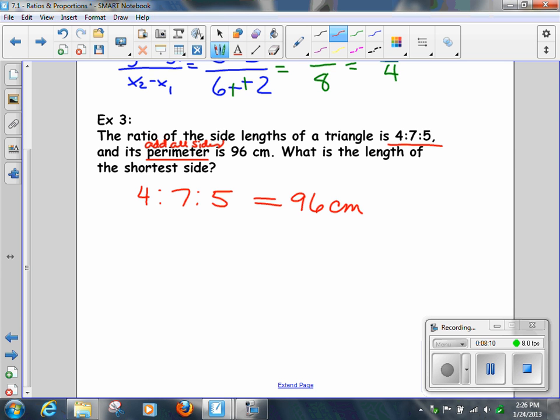If you have 4 to 7 to 5, I don't know what the common rate is, but I can say that 4x, how do you find the perimeter? Add up all the sides. 4x plus 7x plus 5x is equal to 96.